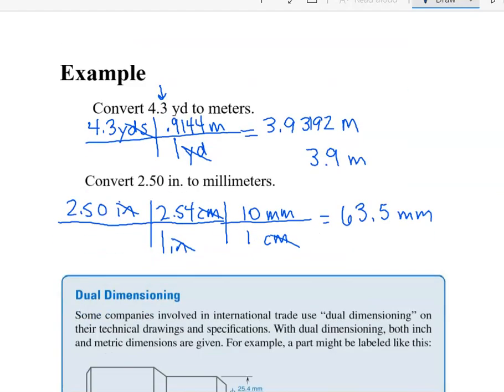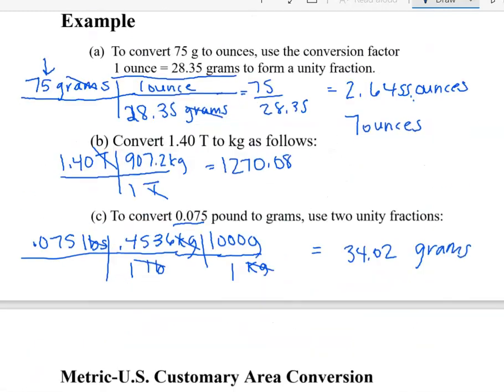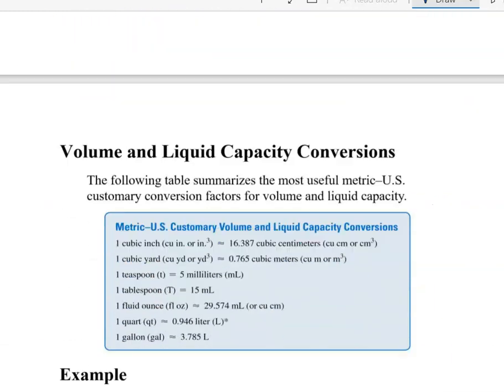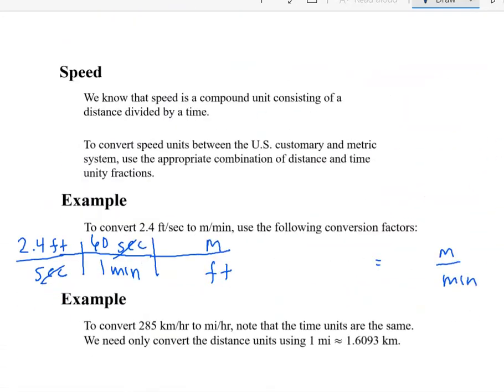That should get me there. So this is centimeters. So 1 foot is 30.48 centimeters, and there are 100 centimeters in 1 meter.